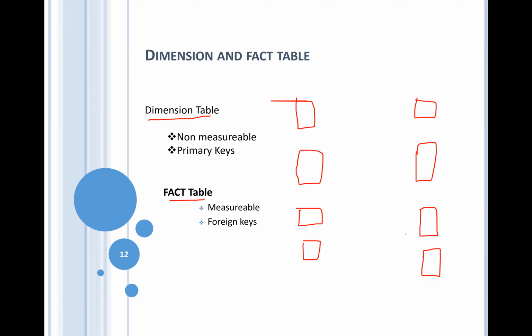If you change anything here, they will keep the previous one as history. That's what they do in the data warehousing environment. Then your client information, the different project information. All these details are different dimension tables.